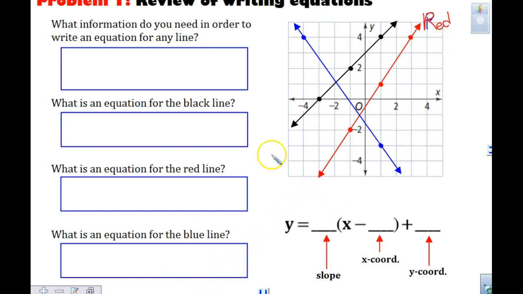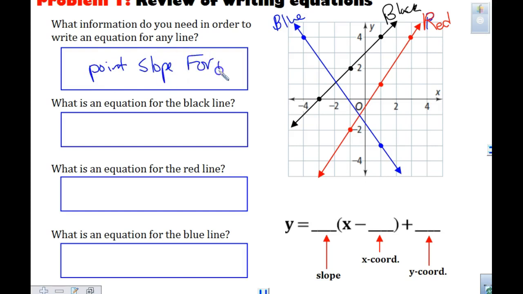And let's put black. And let's do blue. And the first one they are asking us to is to write, so when we are looking at writing those, the form at the bottom that we are looking at is point slope form.